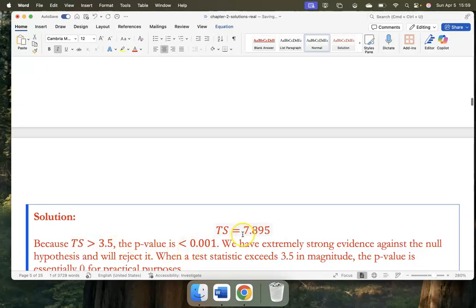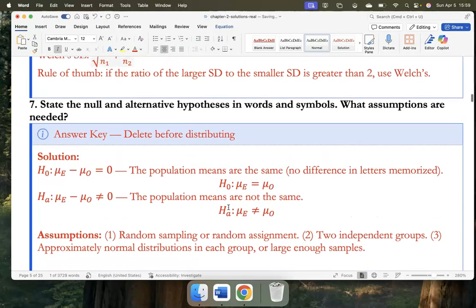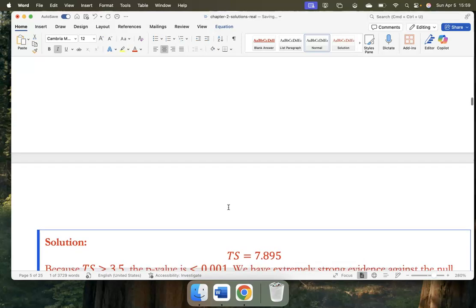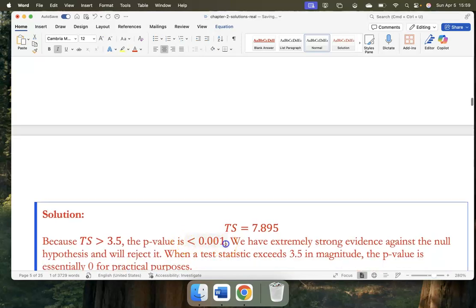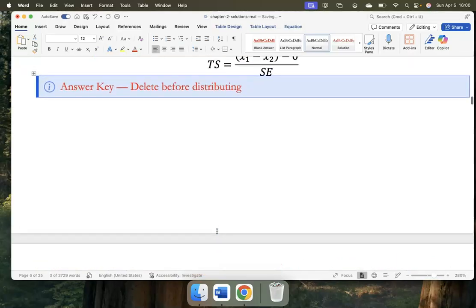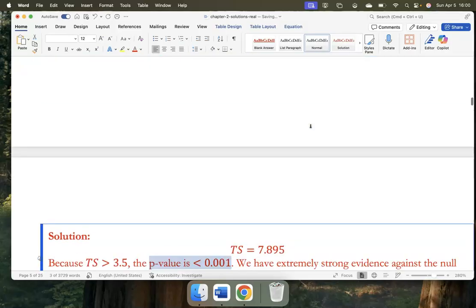Whenever we have a test statistic that's greater than 3.5 or less than negative 3.5 for the 2 independent population means t-test, because it follows a t-distribution, that means that our p-value is going to be extremely small, indicating that we have extremely strong evidence against the null hypothesis and we should reject it. Okay, so that's the implication of a test statistic from a t-distribution being extremely large. Thus, we should reject the null hypothesis.